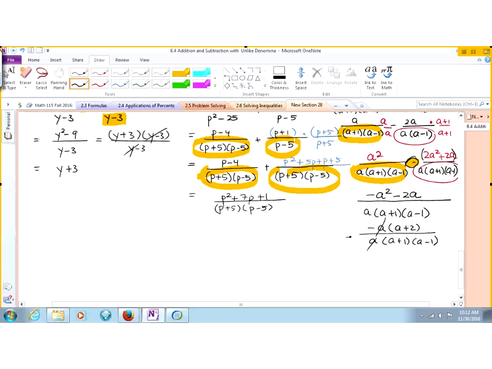Then what? Oh, this is long. Cancel out the a, so this is negative of a plus 2 times a plus 1 times a minus 1. Yes?